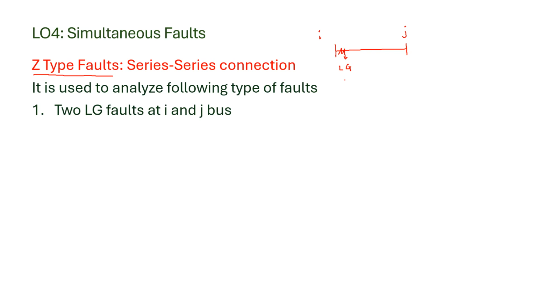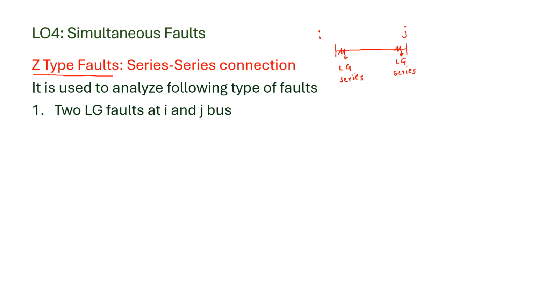LG fault means what? We have seen the networks, they are connected in series. And at the receiving end, at the jth bus, there is also an LG fault. And we know that for LG fault, the sequence networks are connected in series.